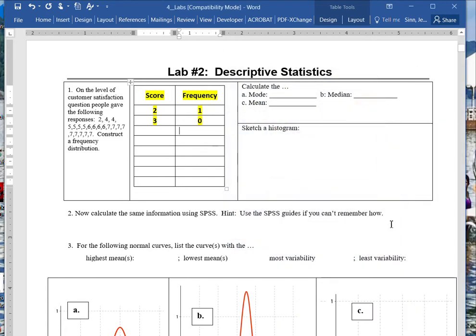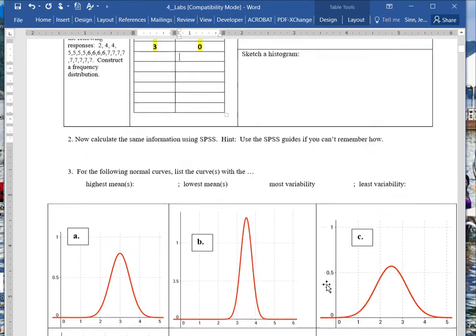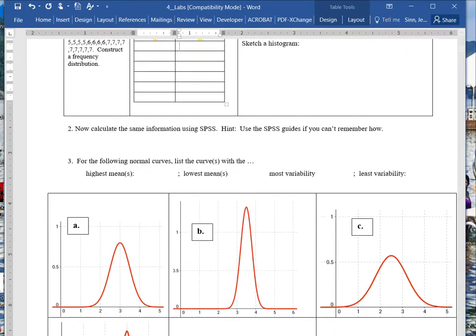All right, then down below here, you need to look at these different distributions and be able to determine questions about the central tendency and the variability. Just a hint, the farther to the right you go, the larger the central tendency. For example, B here has a mean of 3.5, which is larger than a mean of 3, which is what A shows.